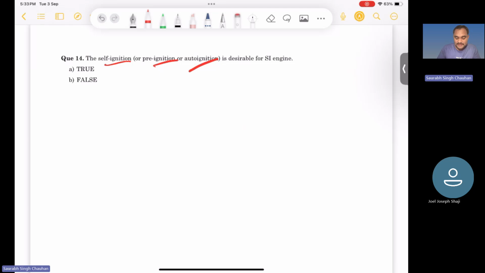In an SI engine, you know that a mixture of fuel and air comes inside, then it is compressed, and then with the help of a spark plug it is ignited. So this is spark ignition, and diesel auto ignites. But this auto ignition can also take place in a CI engine. How can it take place?